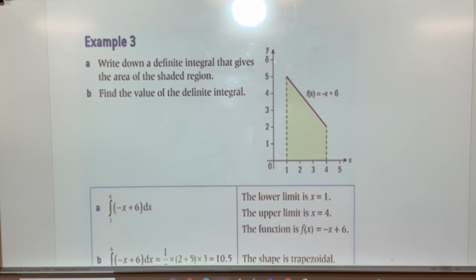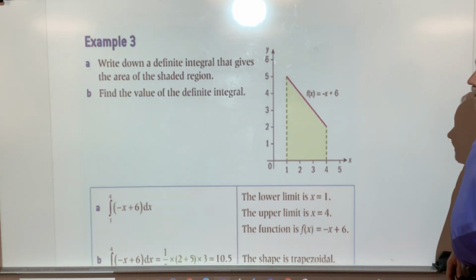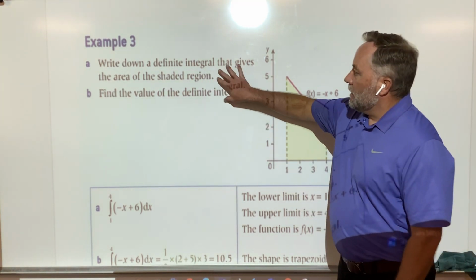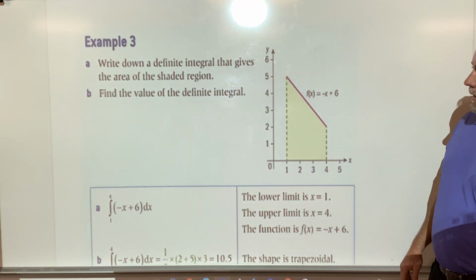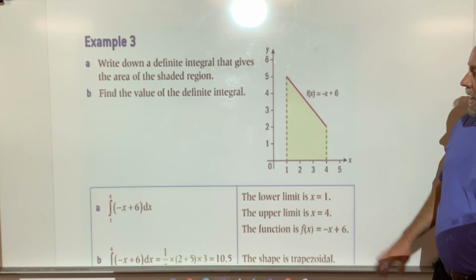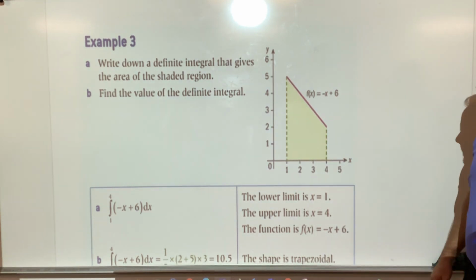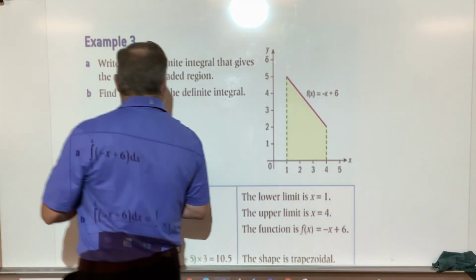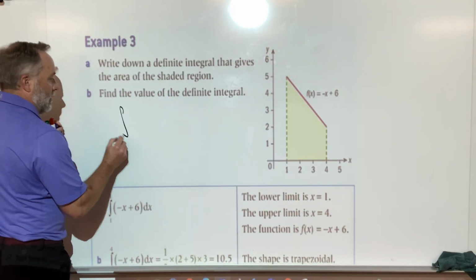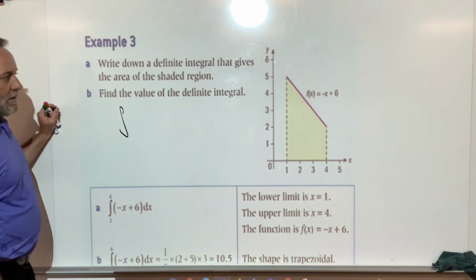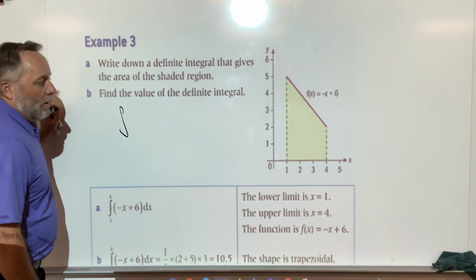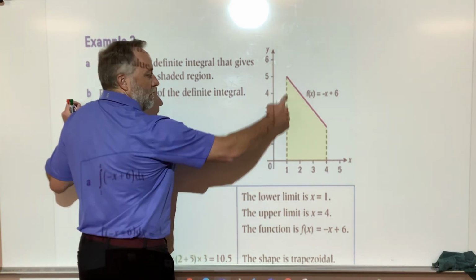But we're going to keep for a little bit with some geometrical shapes that we know. So write down a definite integral that gives the area of the shaded region. Find the value of the definite integral. So here's our picture, and they want us to write the integral. Here we go, that's the symbol for the integral. What's our first bound?